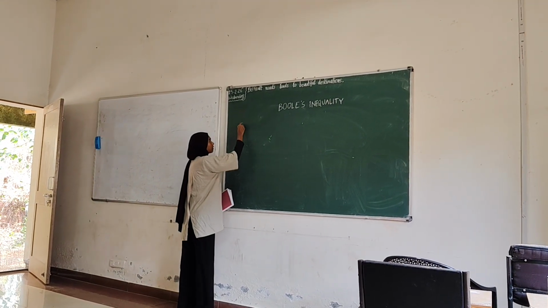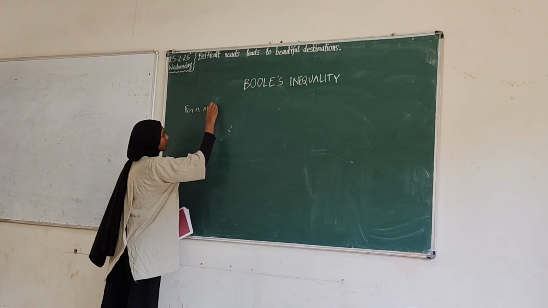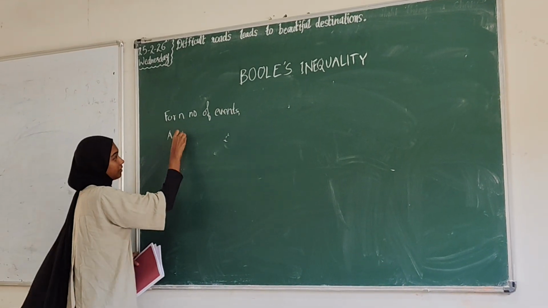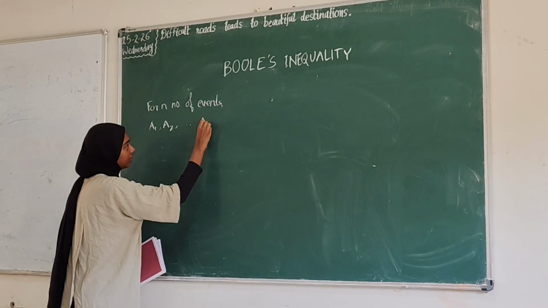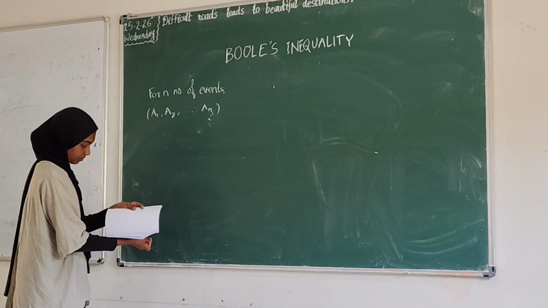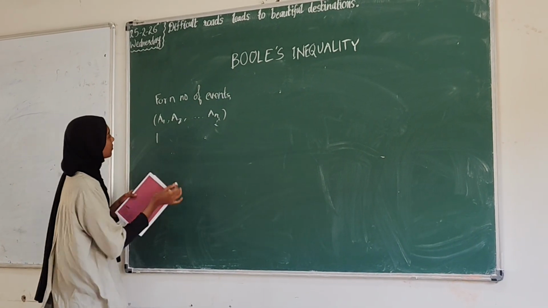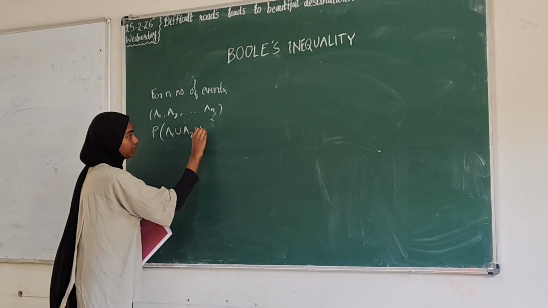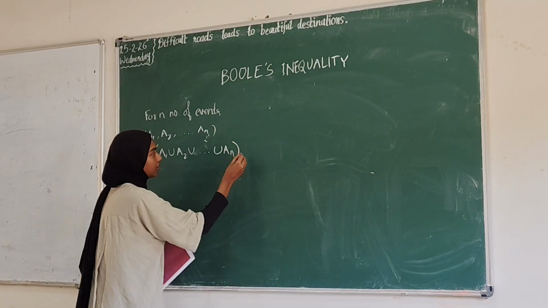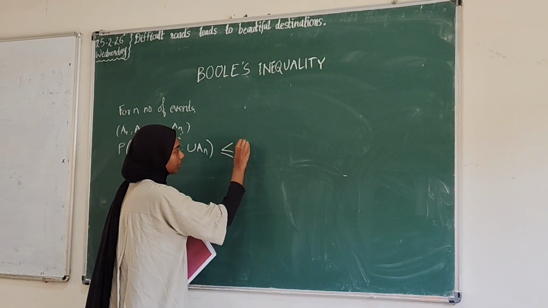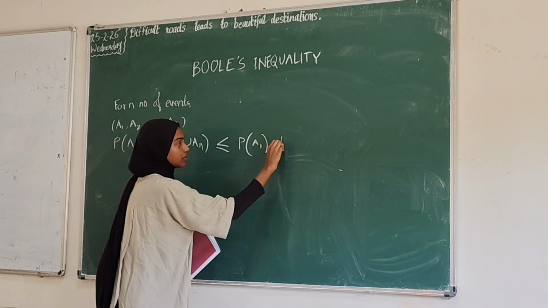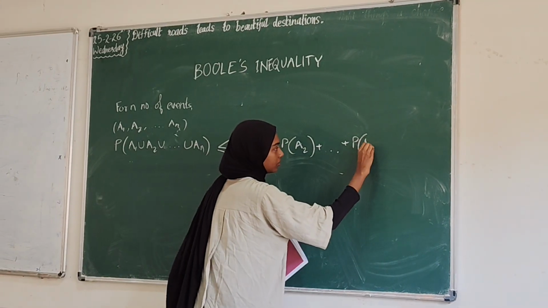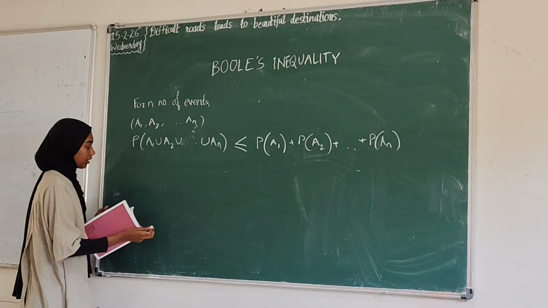For n number of events, like A1, A2, A3, the inequality says that the probability of A1 union A2 union up to An will be less than or equal to the sum of the individual probabilities, P(A1) plus P(A2) up to P(An).